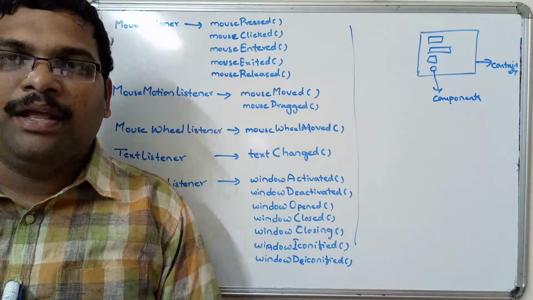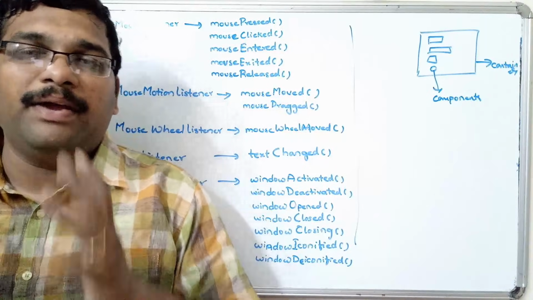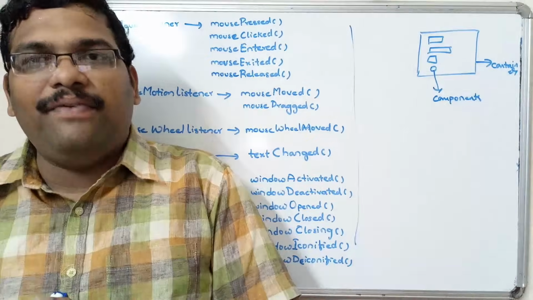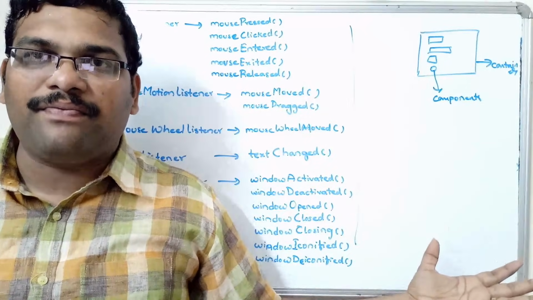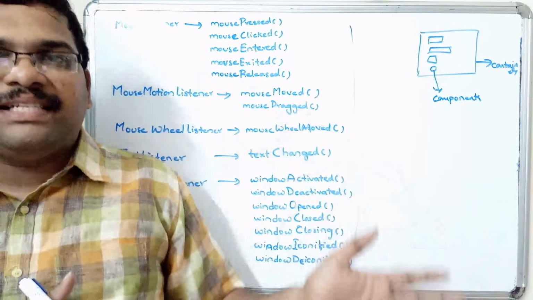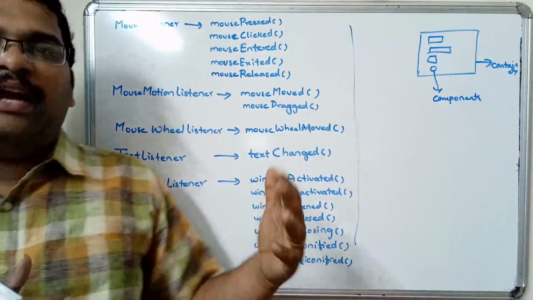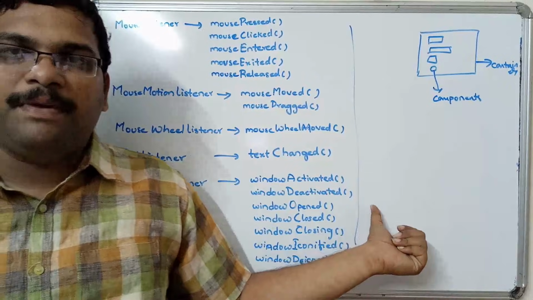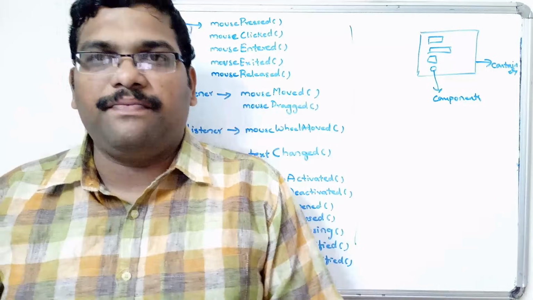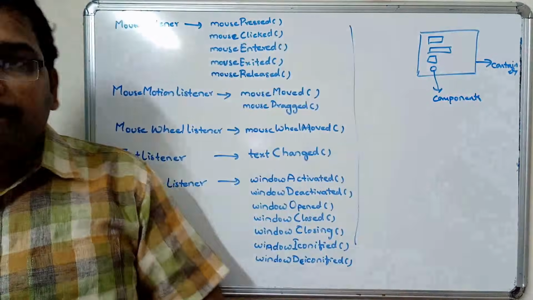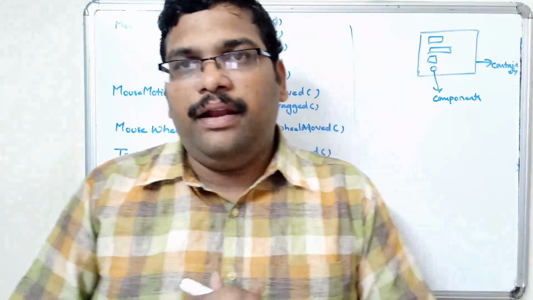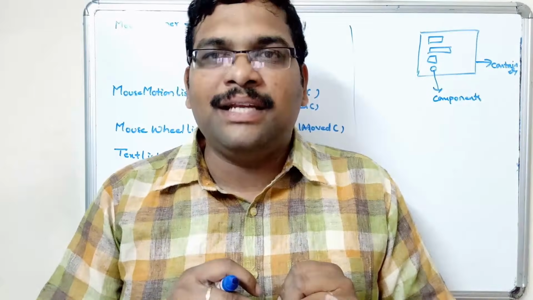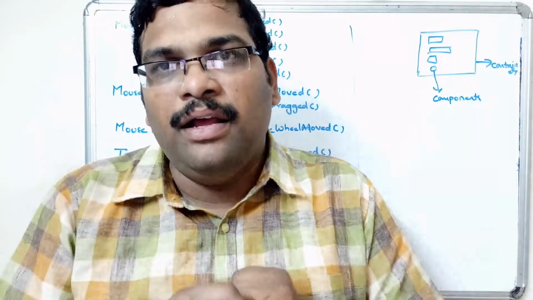And how are these events handled? By means of the event classes and the interfaces. For each event class, there is a corresponding listener interface. Those listener interfaces have different methods, and if you implement a listener interface, we have to implement the abstract methods available in it. So these are all about event handling: event sources, event classes, event listeners, listener interfaces, and the abstract methods available in them.